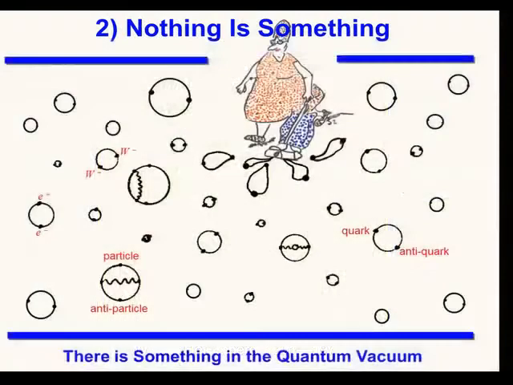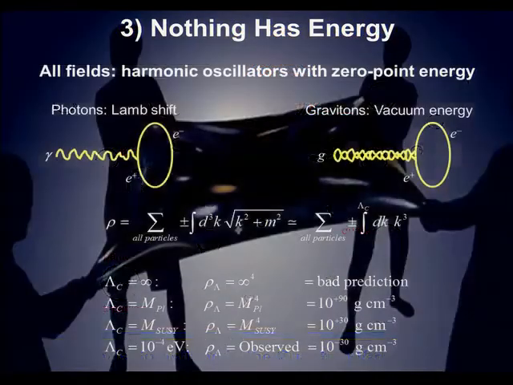So in the quantum vacuum, nothing is something because quantum mechanics is uncertain, and it's possible for a particle and antiparticle to come out of the quantum vacuum, existing for a brief moment of time before annihilating and disappearing into the vacuum.